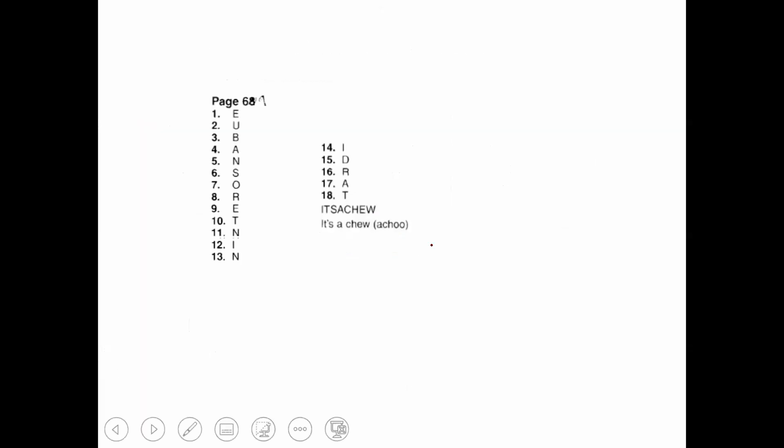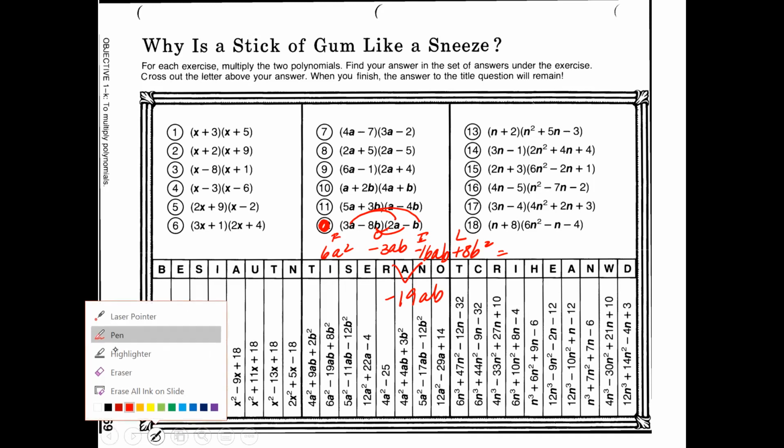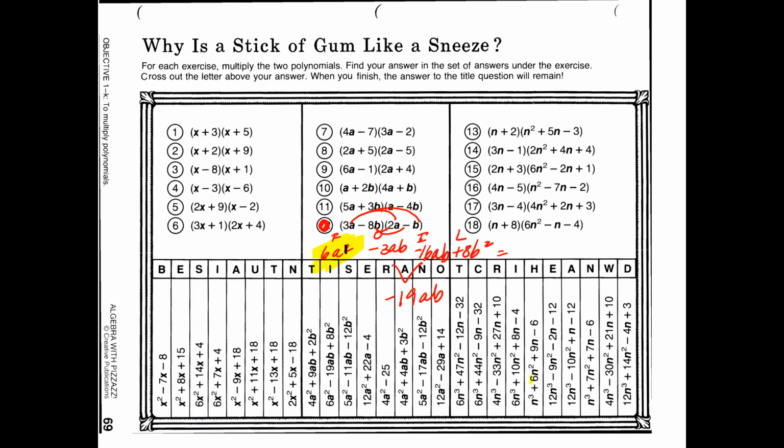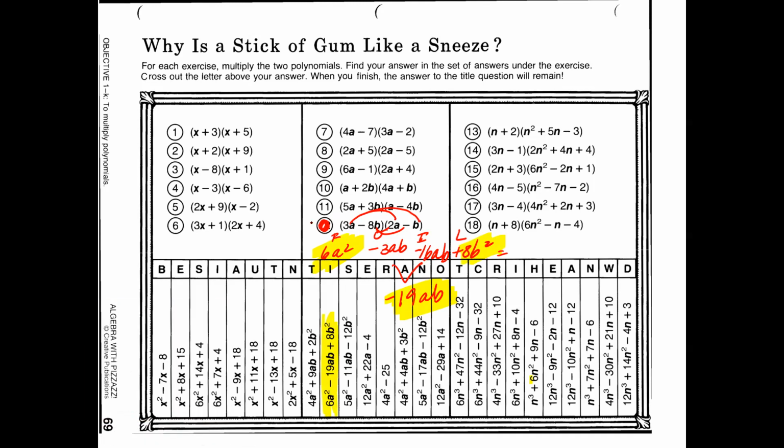It's 16ab. Hold on a second. Let's do 16ab. So that changes that. So combining the outer and inner, you get a negative 19ab. So which answer here has the answer 6a squared minus 19ab plus 8b squared? This is the answer right here. And so for number 12, my answer is going to be I as in igloo.